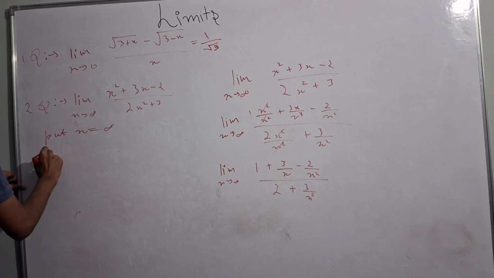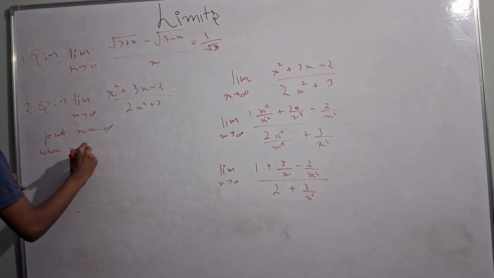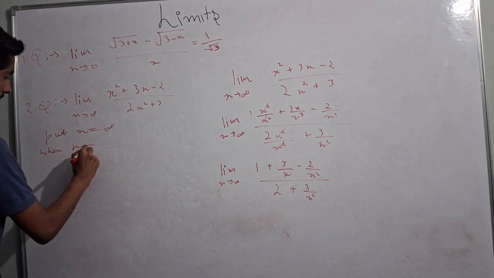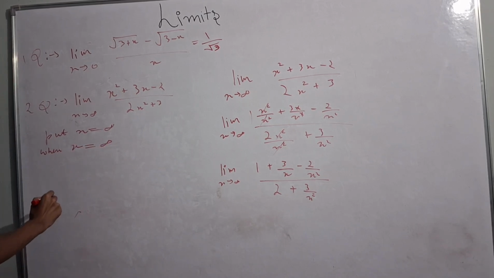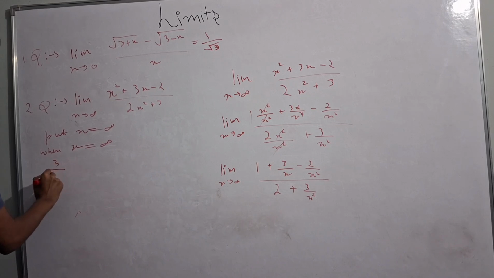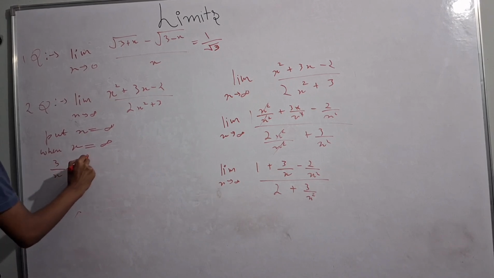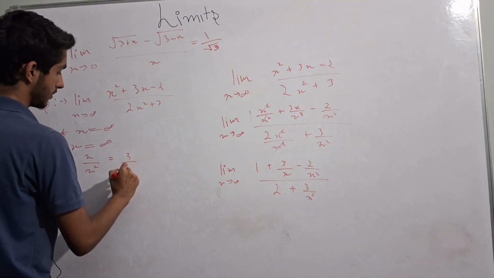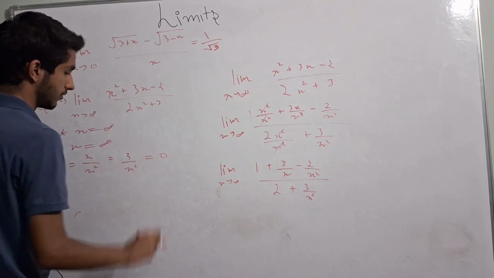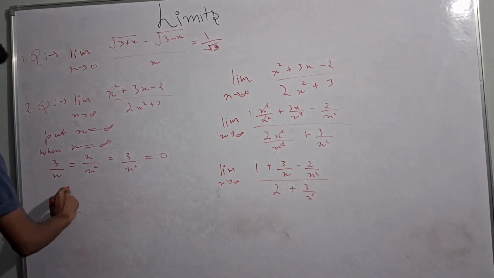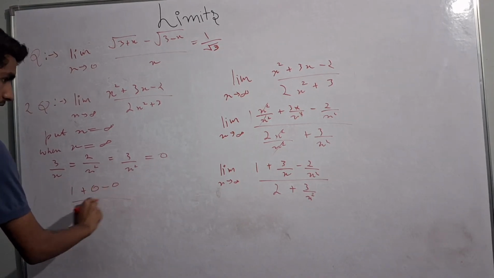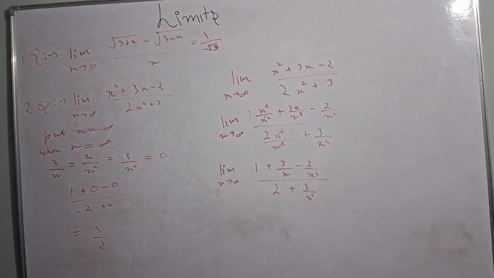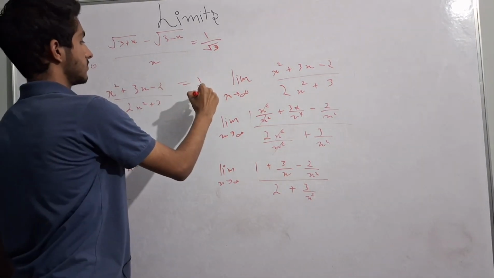So when x is equal to infinity, 3 by x, 2 by x square, and 3 by x square are equal to 0. So I get 1 plus 0 minus 0 upon 2 plus 0, which is 1 by 2. So this is equal to 1 by 2.